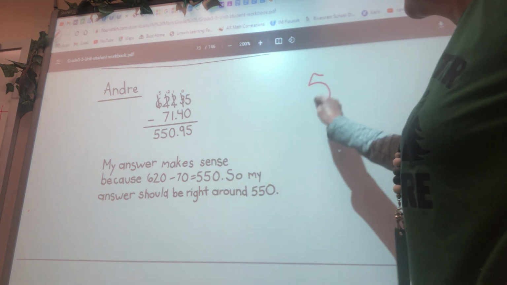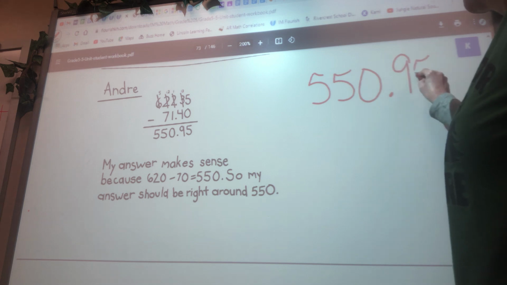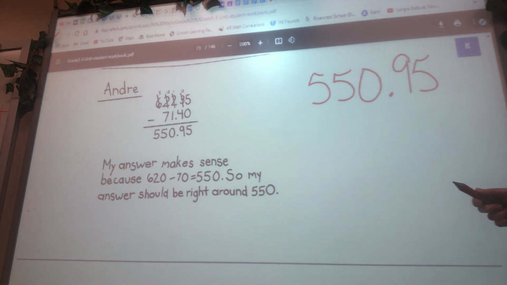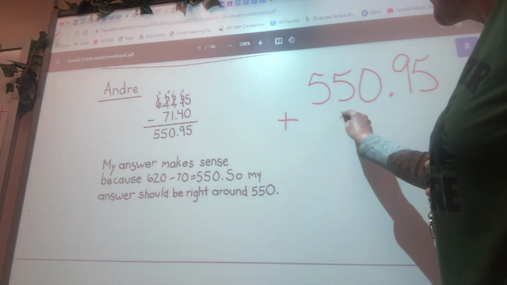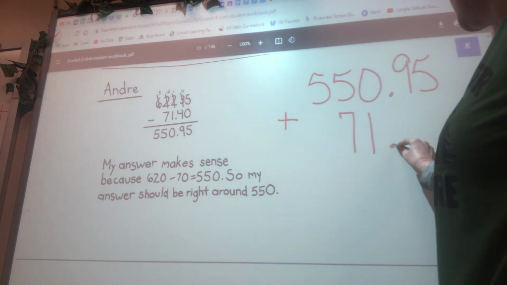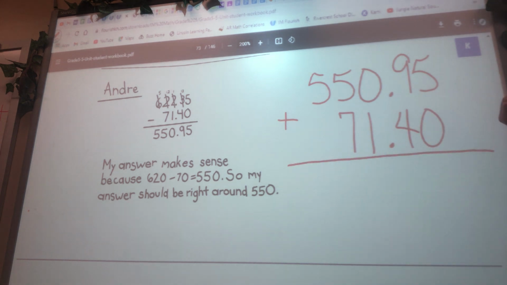We can take the difference, 550 and 95 hundredths, plus what he took away, 71 and 40 hundredths. And remember, 40 hundredths is the same as 4 tenths.